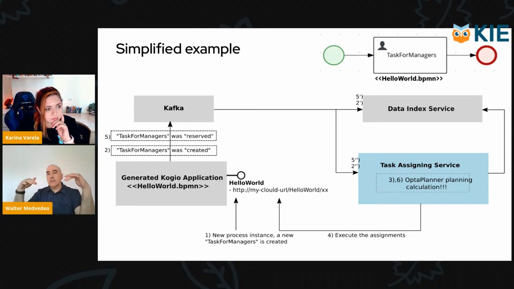So when we start the task assigning service, we grab the information from the data index. But after we do this initialization procedure, we start relying on the Kafka events, because otherwise we would have to implement any kind of polling strategy or whatever. So yeah, this is why we have the data index here.